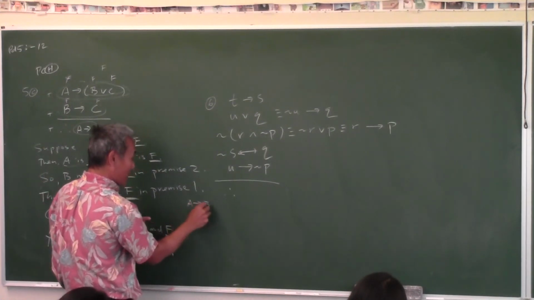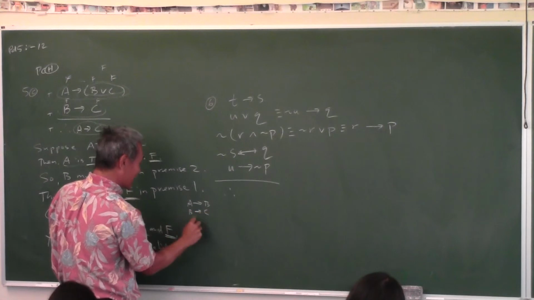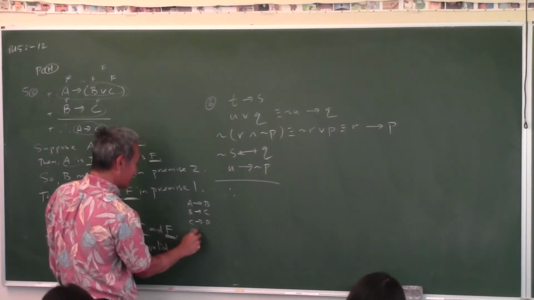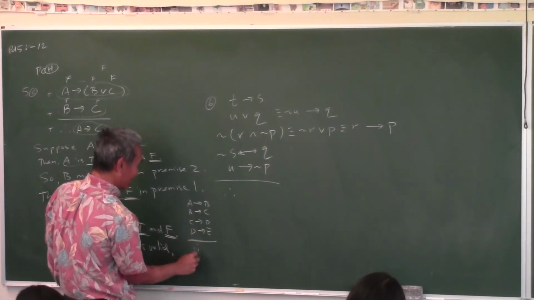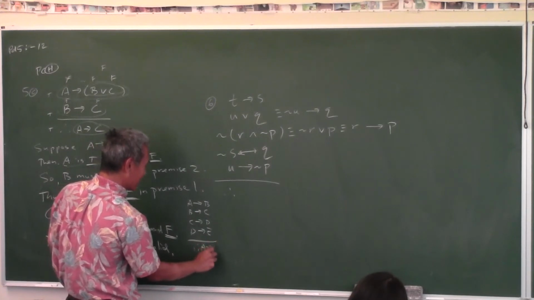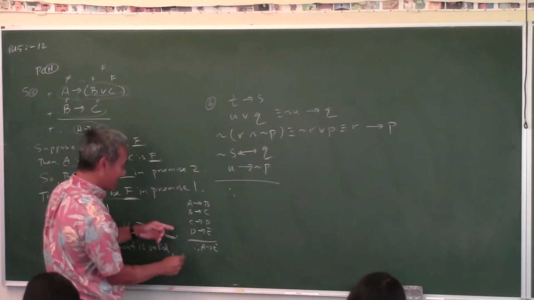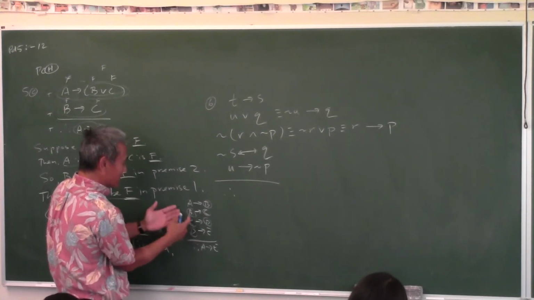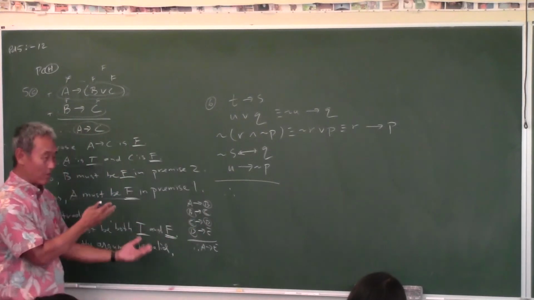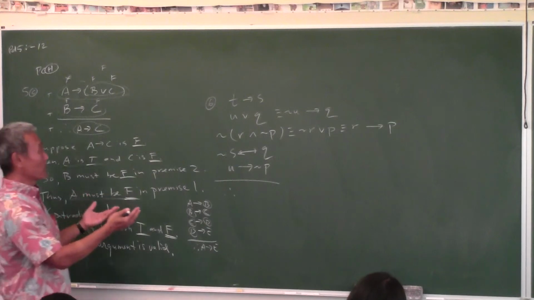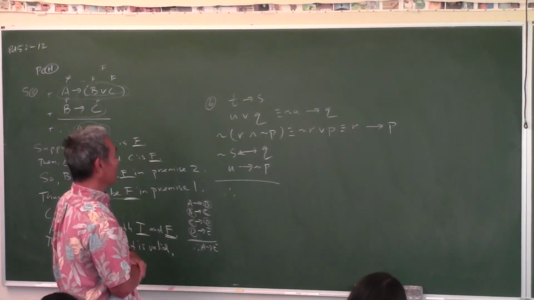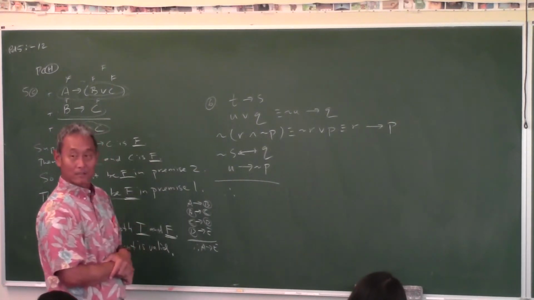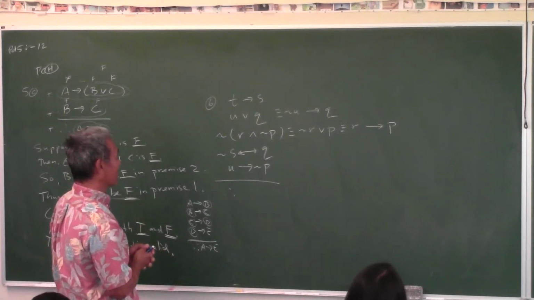Because look, A implies B, B implies C, C implies D, D implies E, therefore what? A implies E. How did I know to start with A then? Because look, this one goes with that, this one goes with that, this one goes with that. See, there's only one A and one E, so either you're going to start with A or E. So in this one, you're either going to start with T or R, right? Okay, so which one? You guys make up your mind?